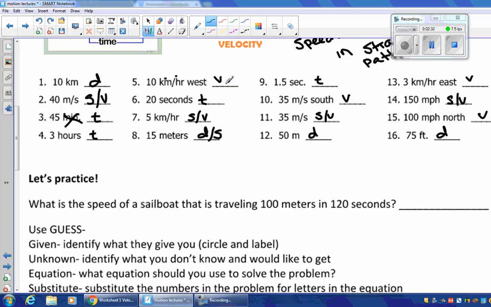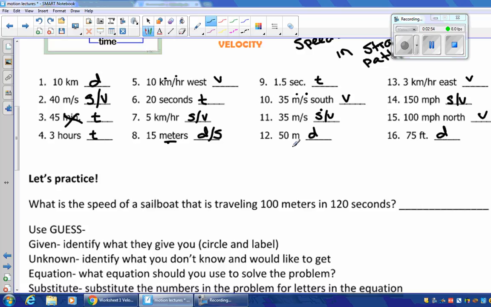Seconds is time, kilometers per hour is speed or velocity in a straight line. Meters is distance or displacement. We can use d as long as we're going in a straight line. 1.5 seconds better be time. Meters per second south is velocity. Meters per second is speed or velocity in a straight line.